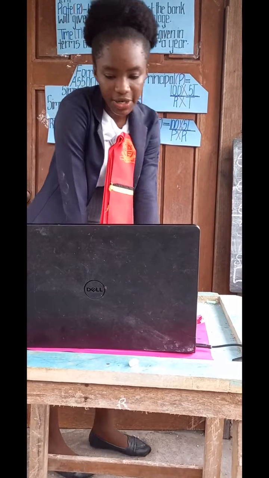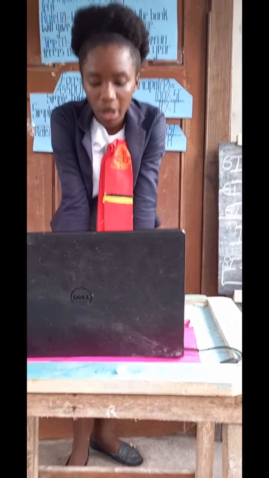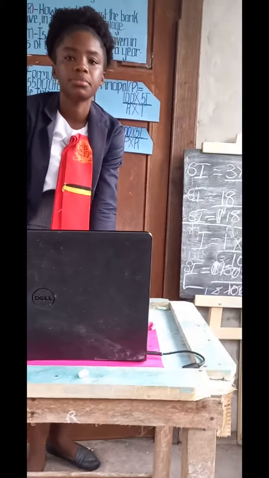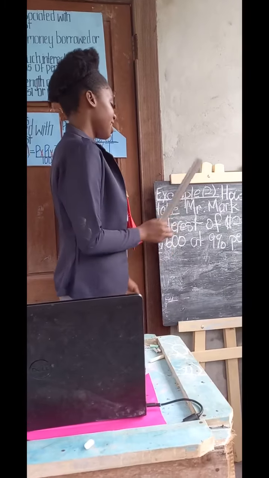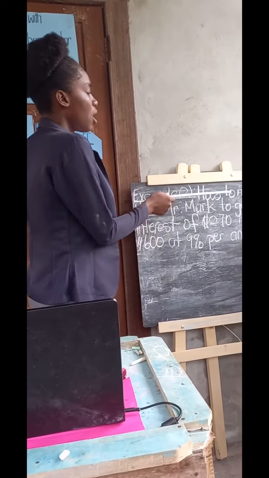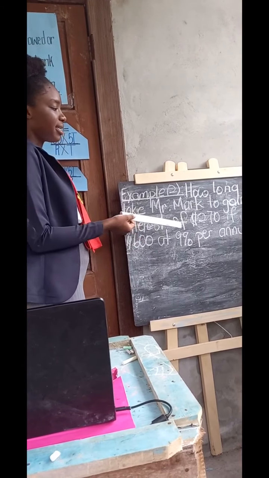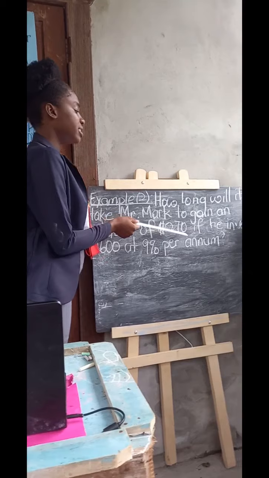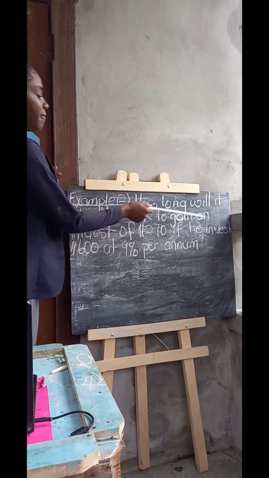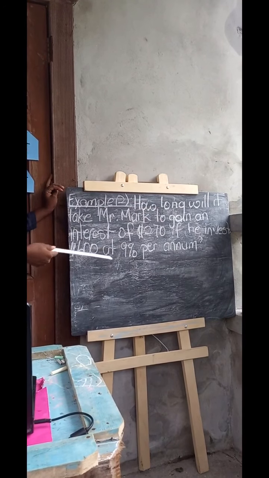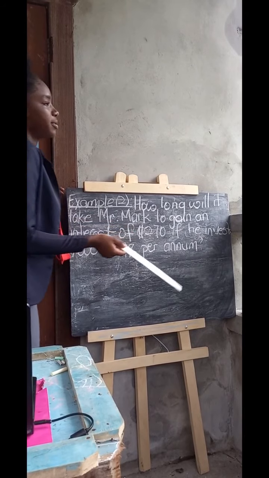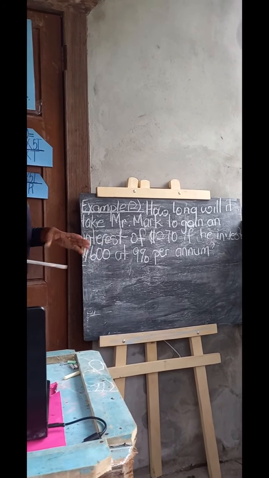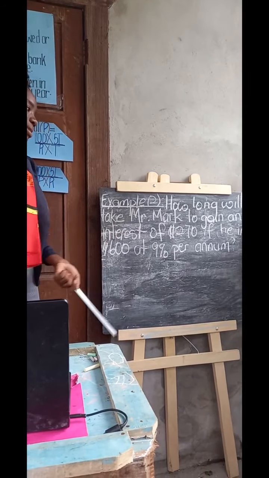So let's work another example where we have to find time. Example 2. How long will it take Mr. Mark to gain an investment of $270 if he invests $600 at 9% per annum? So once we're speaking about how long, we're speaking about the timing.